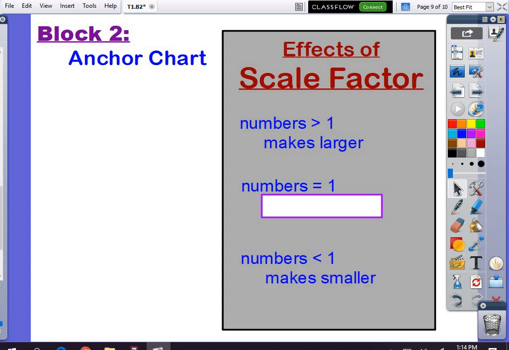Got smaller. And we really didn't talk about the middle one. Maybe we're smart enough to know it. When we multiplied numbers that were equal to 1, the image stayed the same size. Very smart. That is your first sticky note.